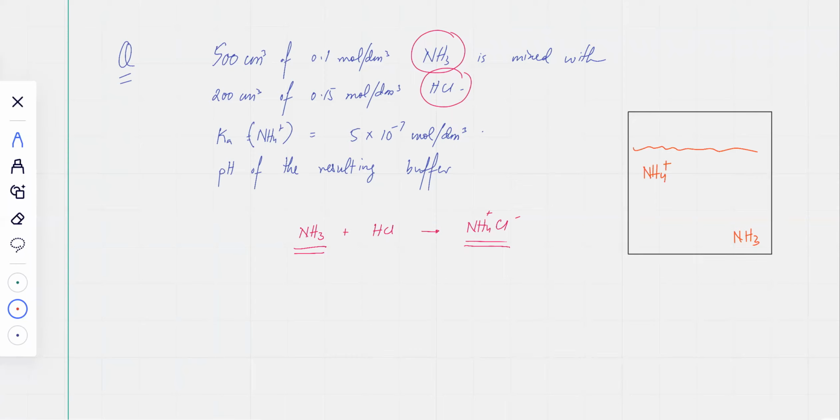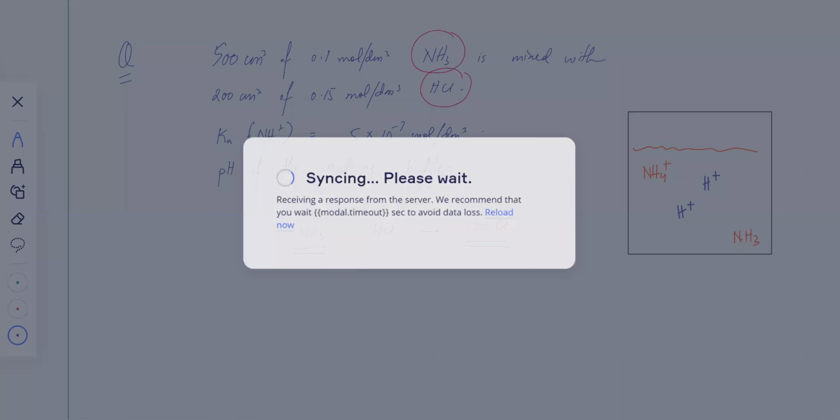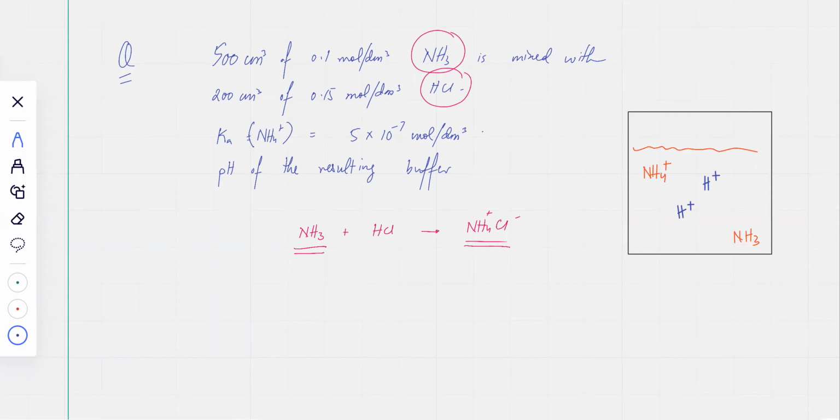What it would do is that if you start adding H plus 1 ions into the mixture, then the concentration of these H plus 1 ions will not increase. Why?